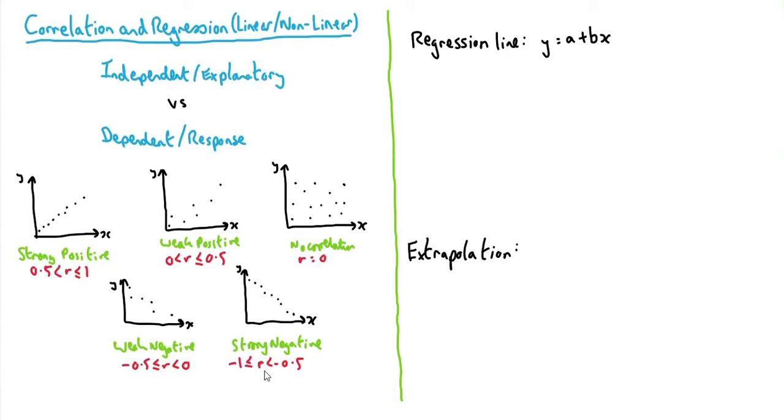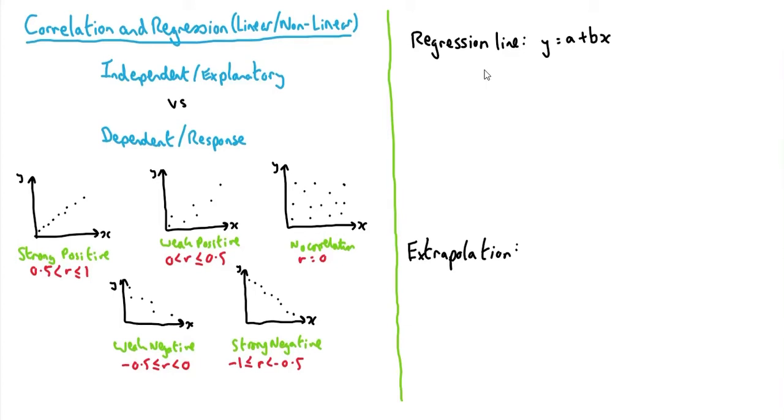Whether you're able to tell it from the scatter diagram or you are told what the R value is, if the bits of data have a strong correlation, be it positive or negative, we can then justify using a regression line, which, as I said before, is like the mathematically best line of best fit.